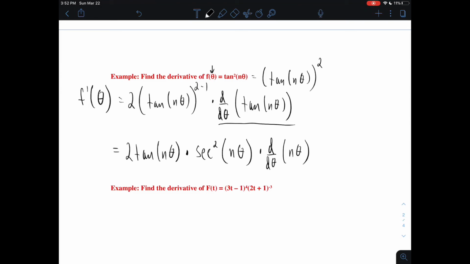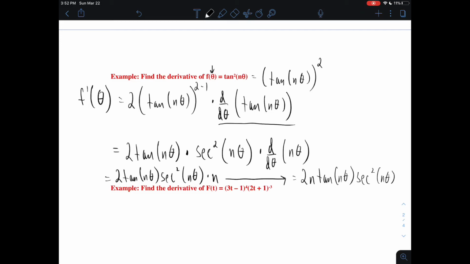So this turns into 2 tangent of n theta secant squared of n theta times n. And the only thing that we could do to clean this up is, since n is a constant, we could say 2n tangent n theta secant squared n theta.